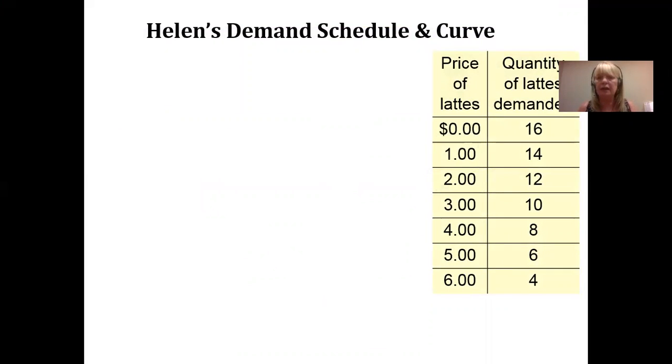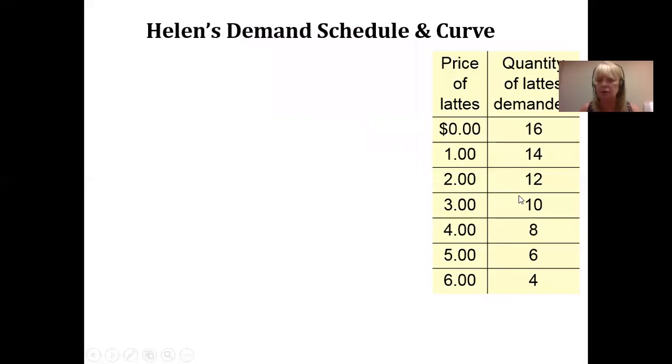Here we have Helen's demand curve for lattes. We can see that this follows the law of demand perfectly. If they're giving away the lattes, Helen will have 16 of them. Whoa, that's a lot of latte. As the price goes up, her demand for lattes keeps decreasing. At $1, she only wants 14.